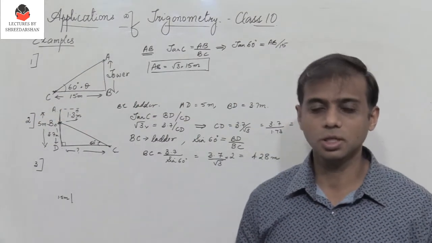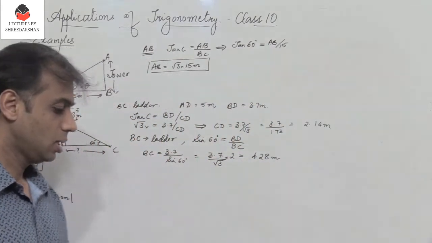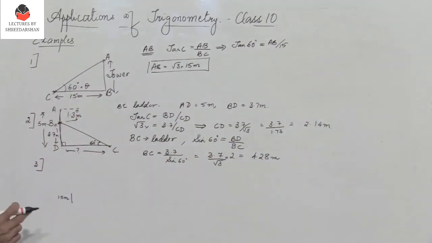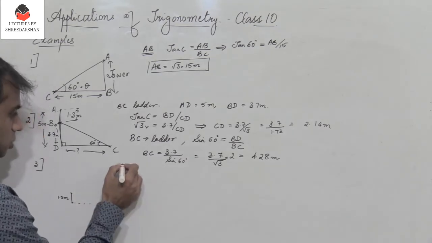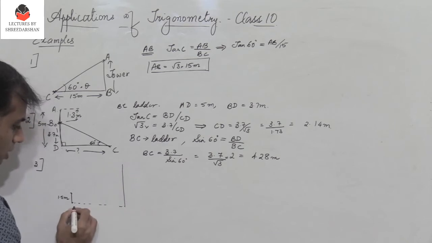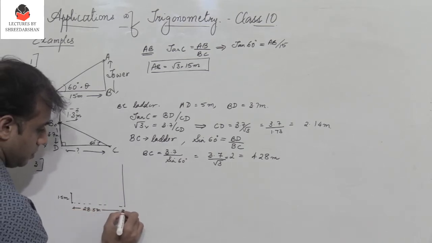So moving on with the third problem, which is very interesting. The third problem states that an observer is 1.5 meters tall, and he is 28.5 meters away from a chimney. So there's a chimney here, and he is 28.5 meters away.